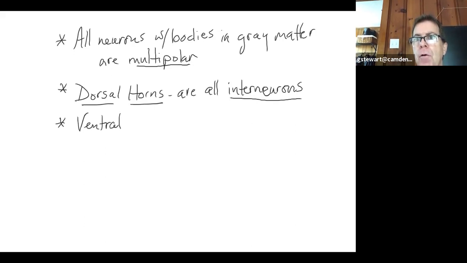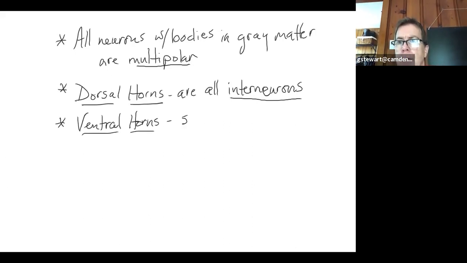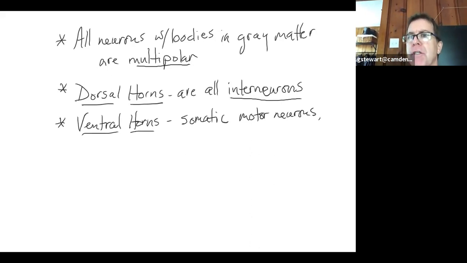And in the ventral horns, we have somatic motor neurons, mostly somatic motor neurons and some interneurons.